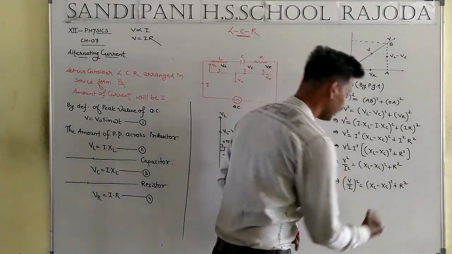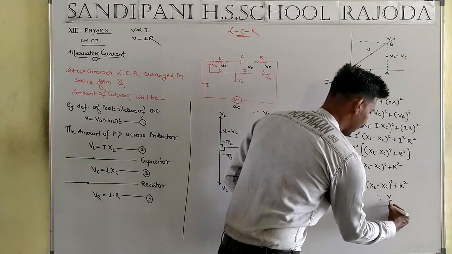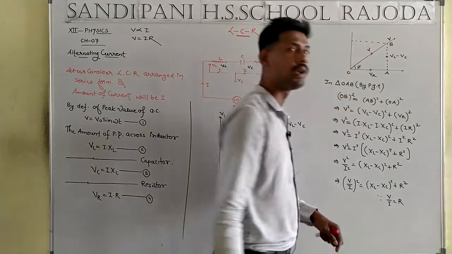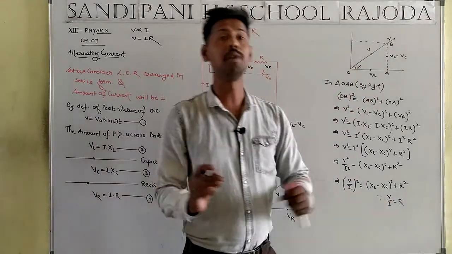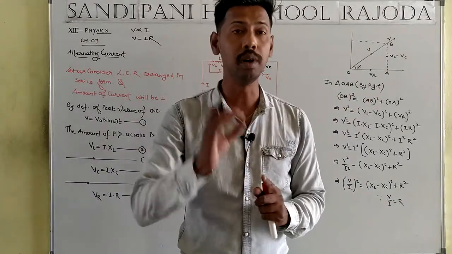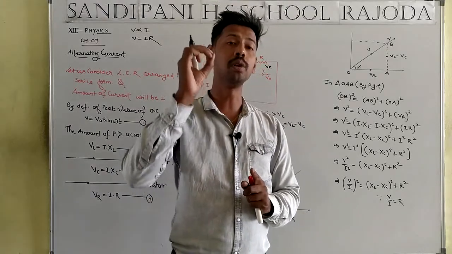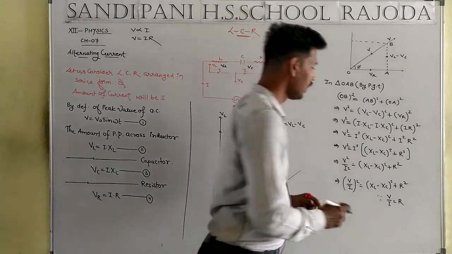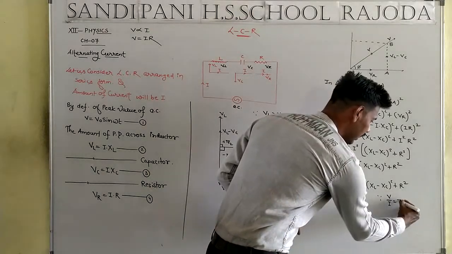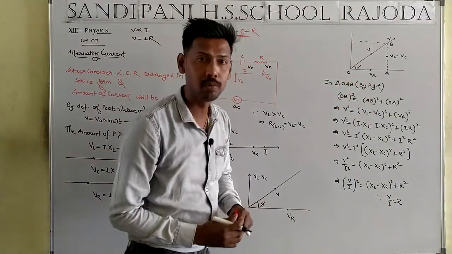We know that very well: V by I will be equal to capital R by the use of the concept of Ohm's law. But when in a circuit we use two or more devices, capital R is replaced by capital Z. And what is the meaning of capital Z?